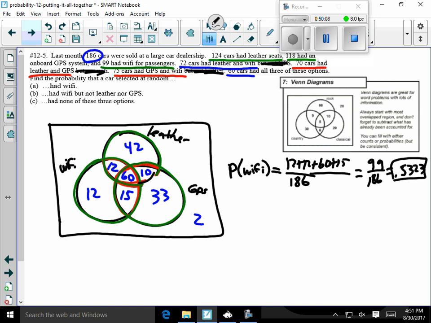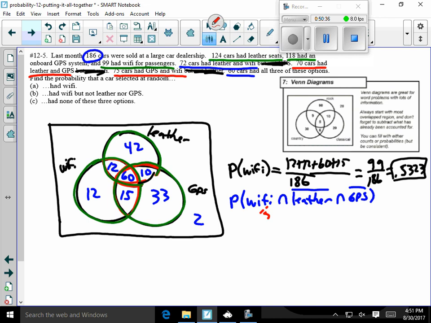All right. And then the second part asks us, what's the probability that somebody liked Wi-Fi but not leather or GPS? So I could say Wi-Fi and not leather. Leather has to be not true, and not GPS. So you could write it like this. Here's a way to think about that. If something is true, Wi-Fi, it needs to be inside the Wi-Fi circle.